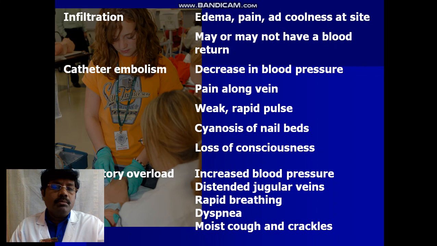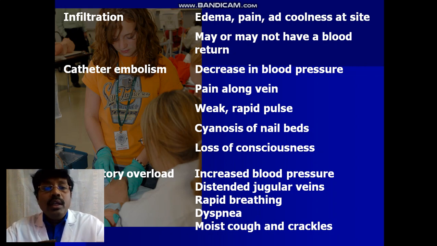Then catheter embolism is uncommon actually. It is also a complication. The venflon is a plastic one. You have to remove the venflon within 2 to 3 days, as I have already instructed. If you fail to do that, sometimes the venflon cannula is broken and passes through the vein, and that causes many problems for the patient.